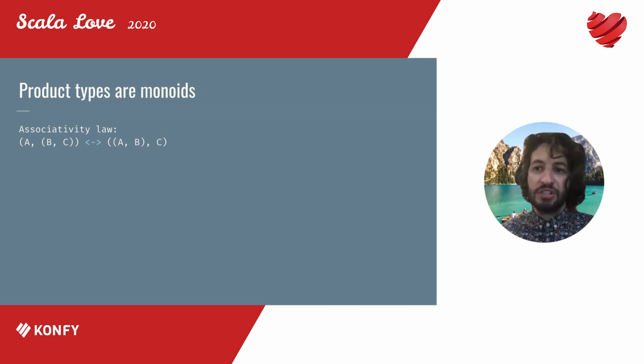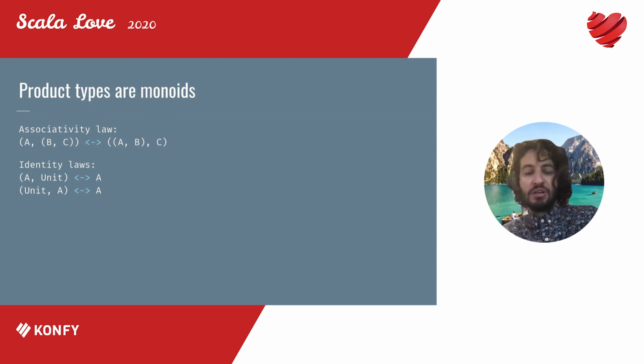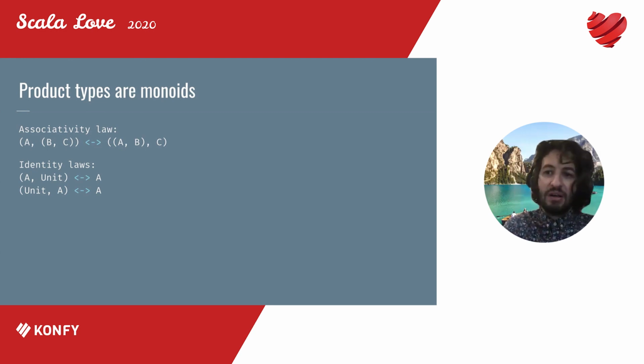So they are associative, and they also follow the identity law, right? If you tuple something with unit, that doesn't give it any extra information. So A tupled with unit, you can turn that into A, and you can go back to A with unit a million times, and the thing will always be the same because unit doesn't have any information. And that is also unit tupled with A. It's also the same. So product types are monoids.